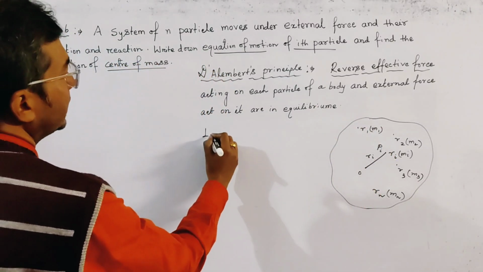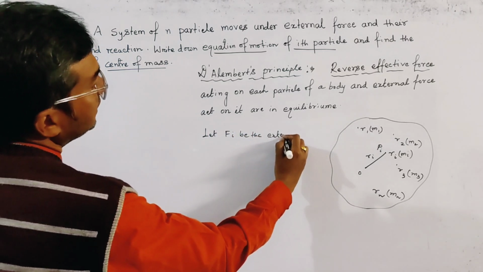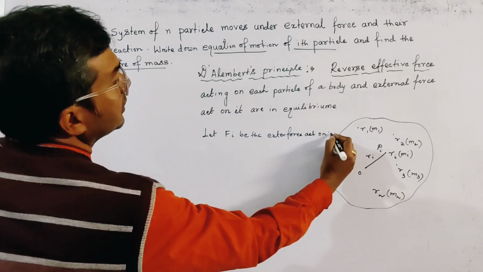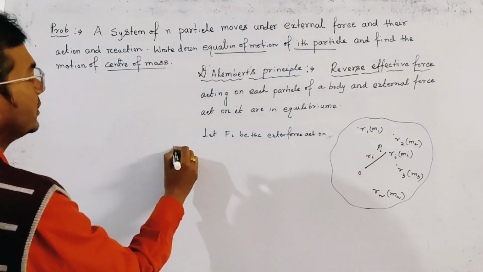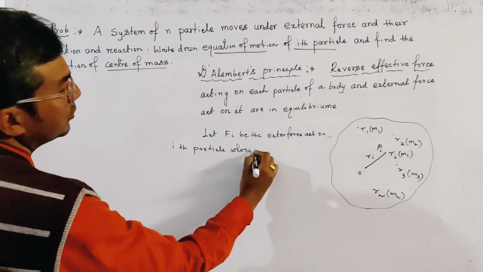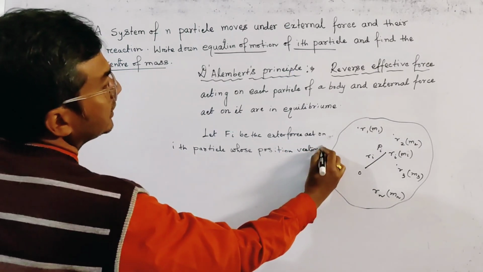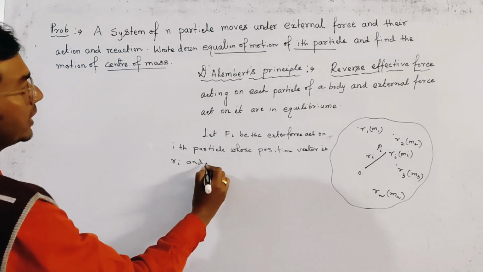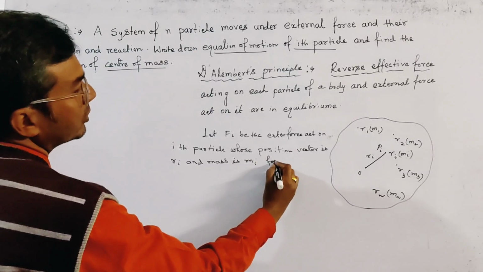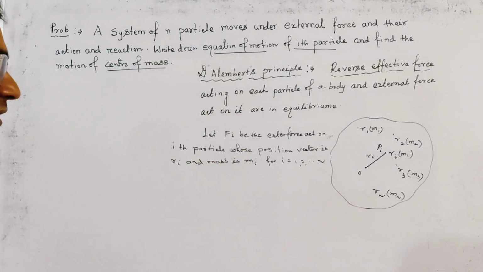Here we write: let Fi be the external force acting on the ith particle, whose position vector is Ri and mass is Mi, for i equal to 1 to n, because the system consists of n particles.